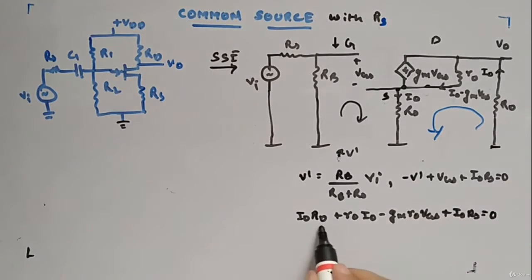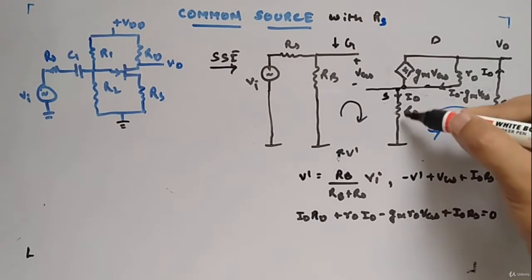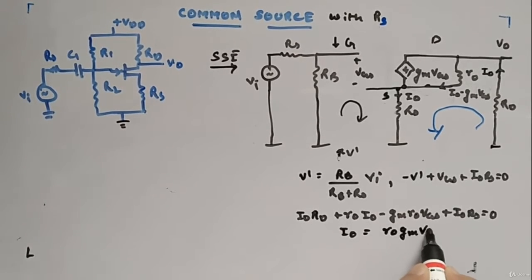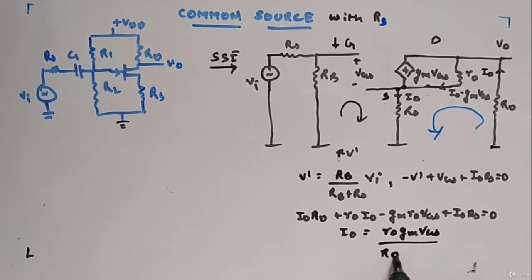The drop across RD is this, the drop across R naught is this whole thing, and the drop across RS is this. I can write the I naught expression as R naught GM VGS divided by RD plus R naught plus RS. You can see I've just rearranged this equation.